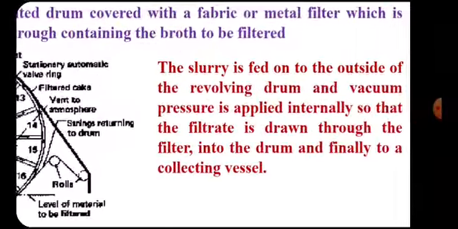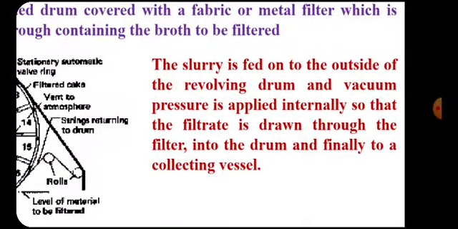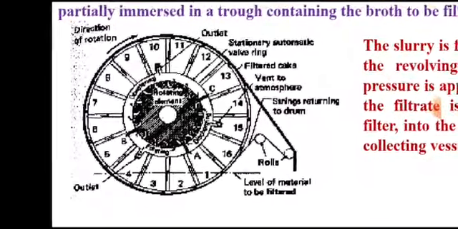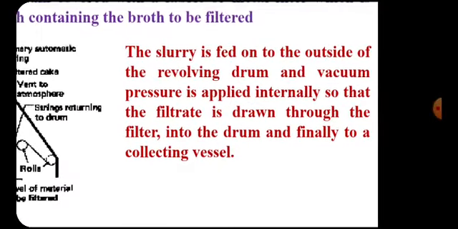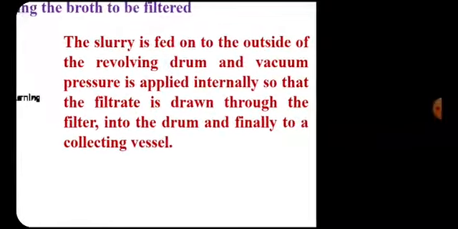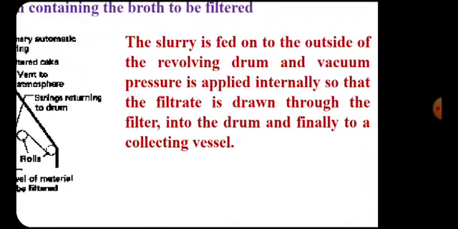This slurry is fed on the outside of the revolving drum. It is fed from the outside, as well as this drum is dipped in the fermentation broth outside of the revolving drum, and vacuum pressure is applied internally, that is at the center, so that the filtrate is drawn through the filter into the drum.